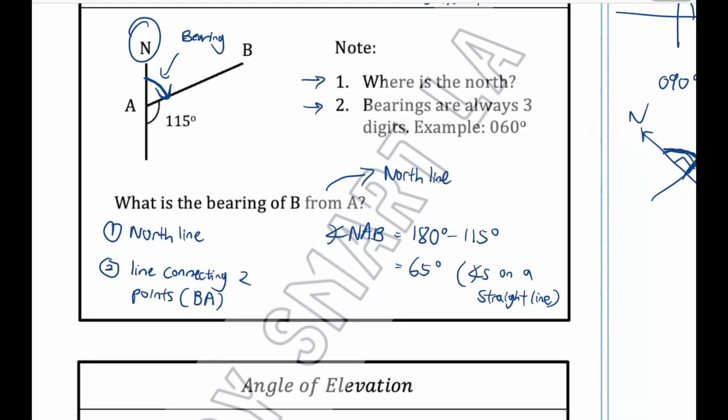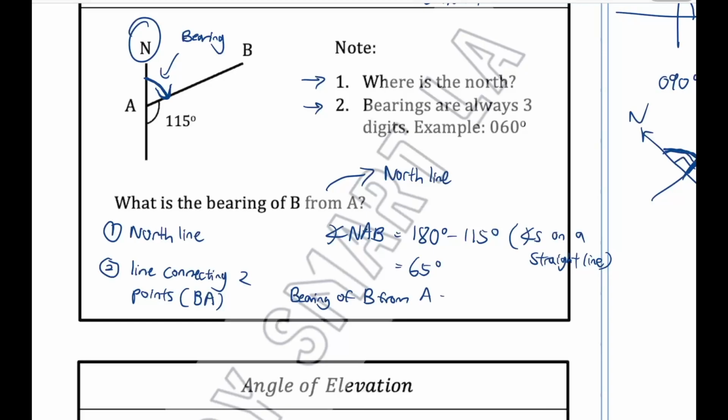So a little space constraint here. So let me move this working to the side. So I'm going to write bearing of B from A. All right. So to answer back to the question, you need to have this, all right? Because bearing is not just, hey, this is the angle.